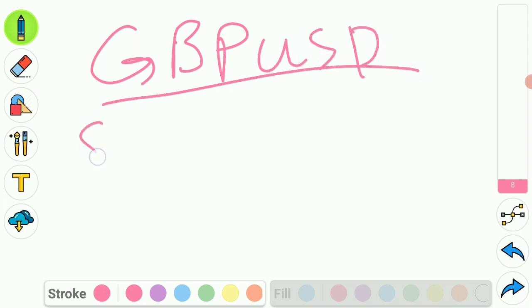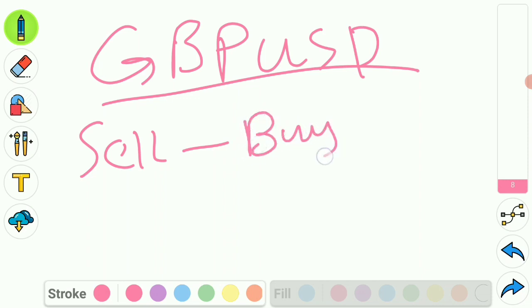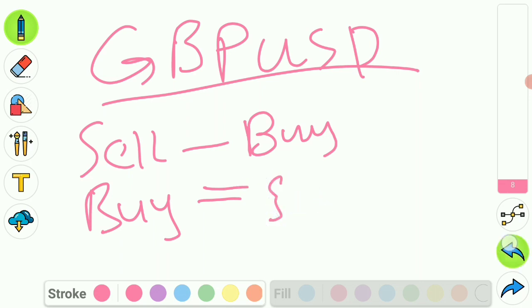whenever I'm selling this, indirectly I'm buying dollar. And if I'm buying GBP, I'm equally selling dollar in this currency pair, because it's GBP/USD.